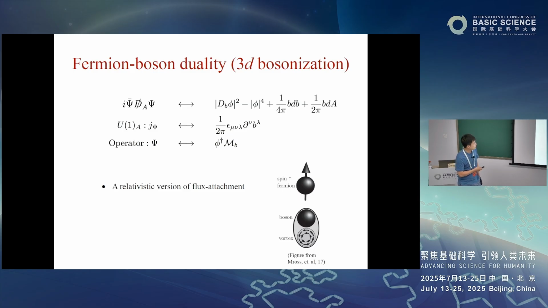You start with a monopole operator, which looks like a boson. You have a scalar field, which looks like a boson, but when you combine the boson and this flux, or this vortex, because of this Chern-Simons coupling, this combined object becomes a fermion, which is nothing but your free Dirac fermion.